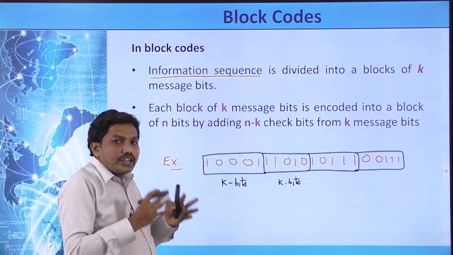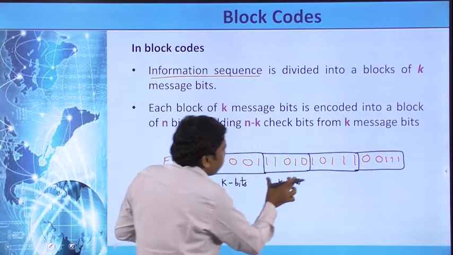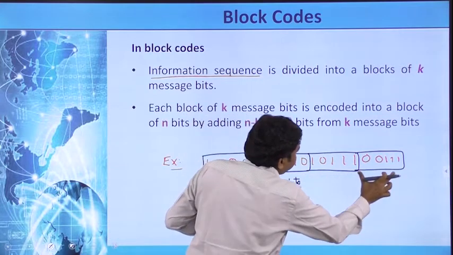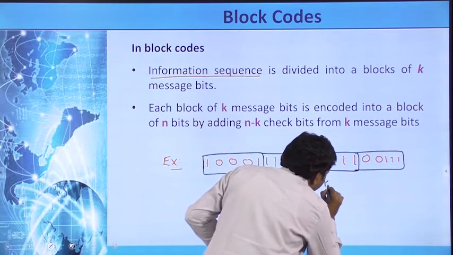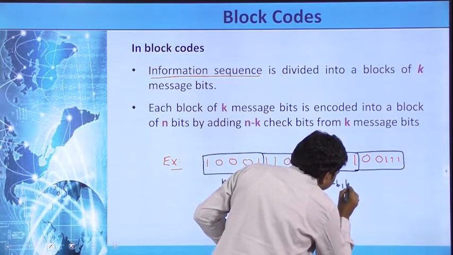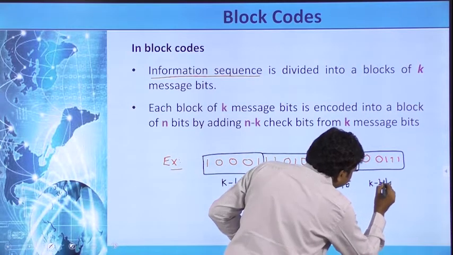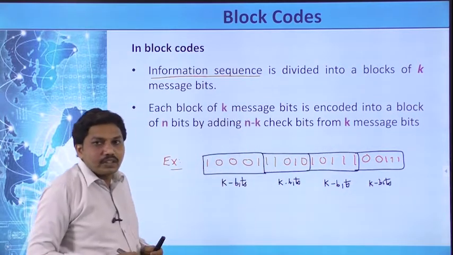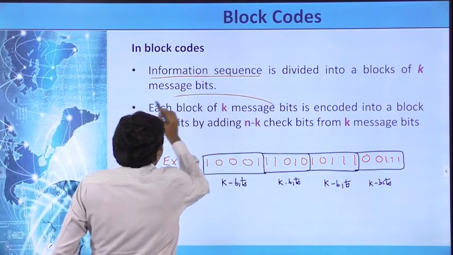The length of each message block is k bits. So here 5 bits, here also 5 bits. This is 5, here also 5 bits. Right? So the length of each block is k bits.